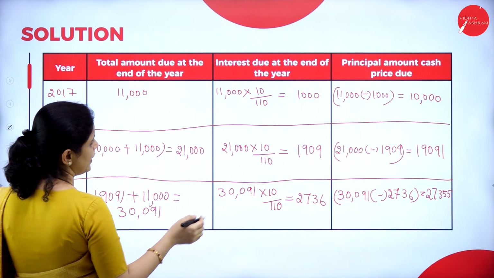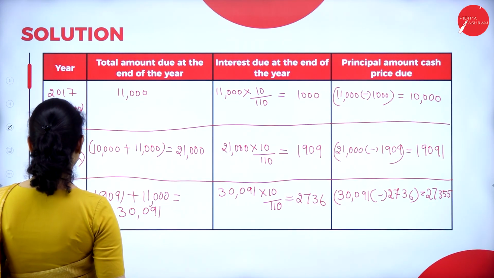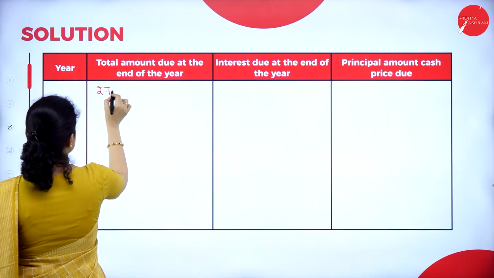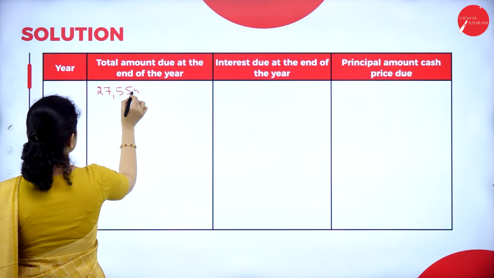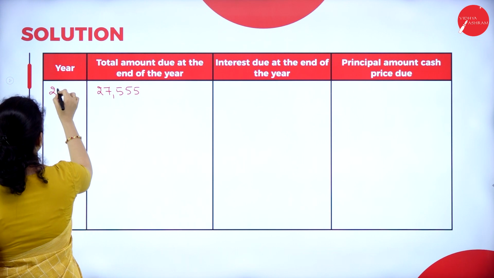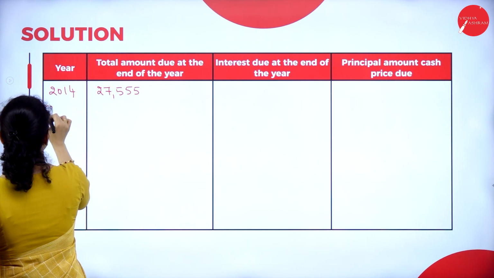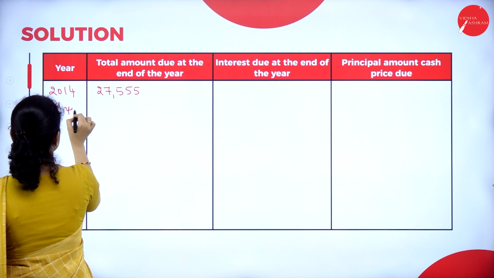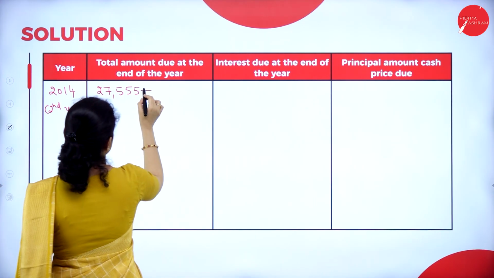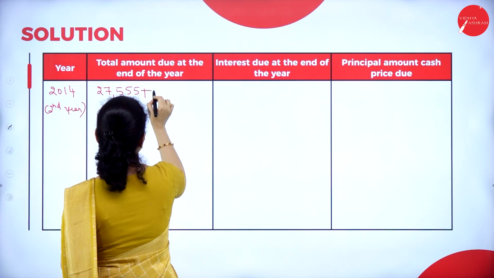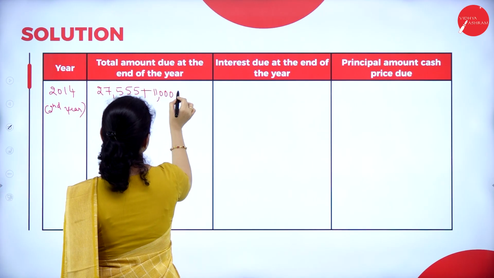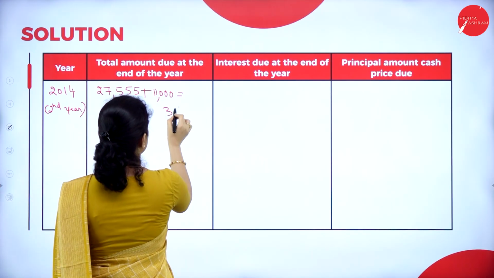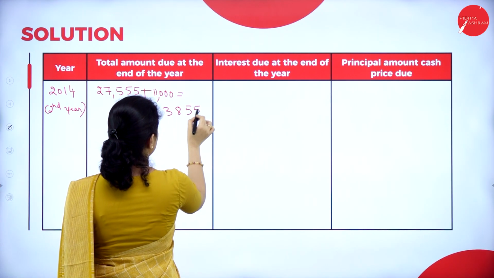Let us go to the next year. So it is 27,355. Then 2014, the 2nd year. 27,355 plus 11,000, that is 38,355.